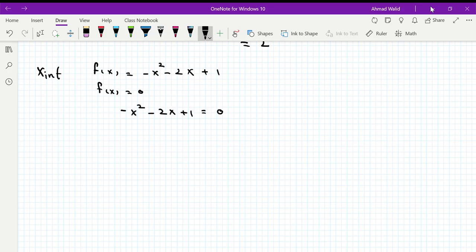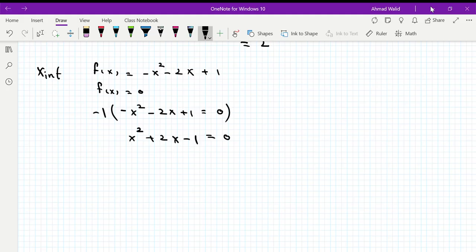To make it easy, multiply everything by negative 1. Correct? It gives you x squared plus 2x minus 1 equals what? 0. Can we factor this? If we can factor, we will factor. If we cannot factor, then use the quadratic formula.